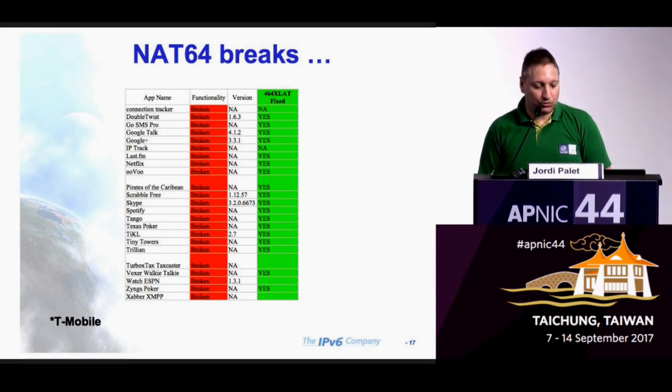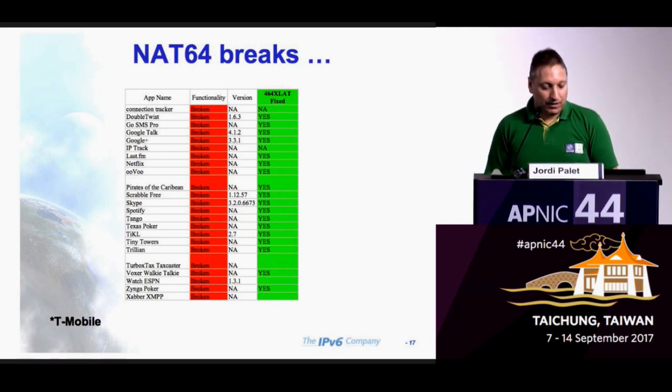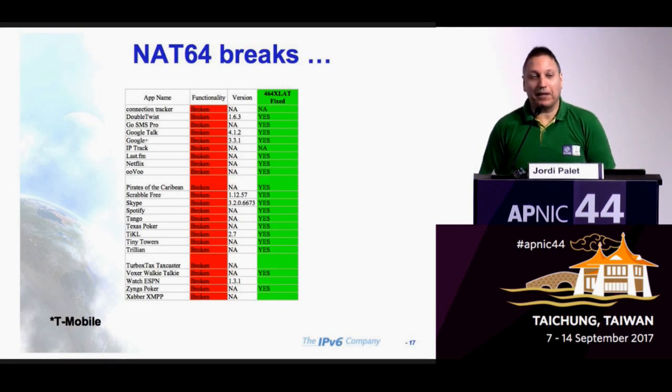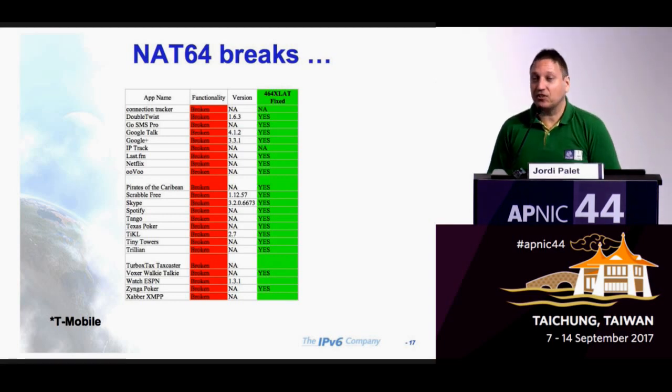So for example, just to name a few of them, Skype, Spotify, Last.fm, Netflix, Google Talk, Google+. So it's nice. The applications that most of the people use are not going to work, right? So do we really think we want that? Obviously not, okay? We need to provide IPv6 service in a way that the users don't notice any change. Everything should work for them, okay?